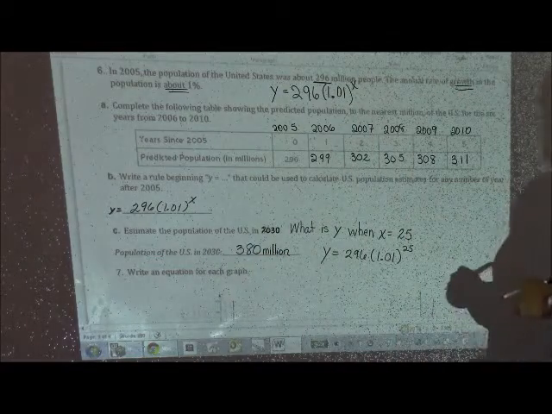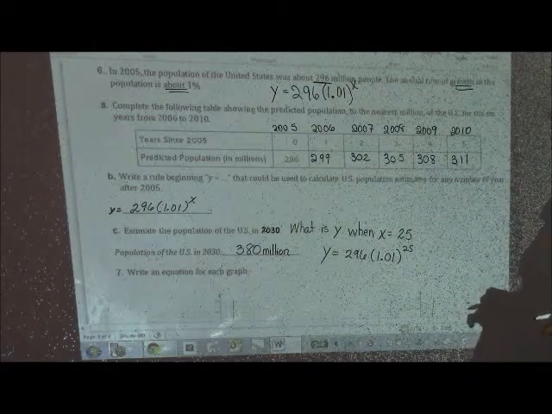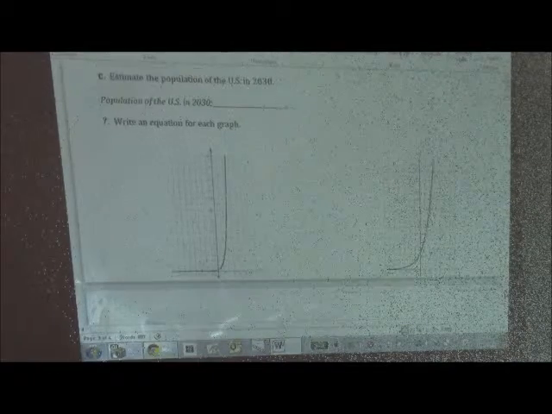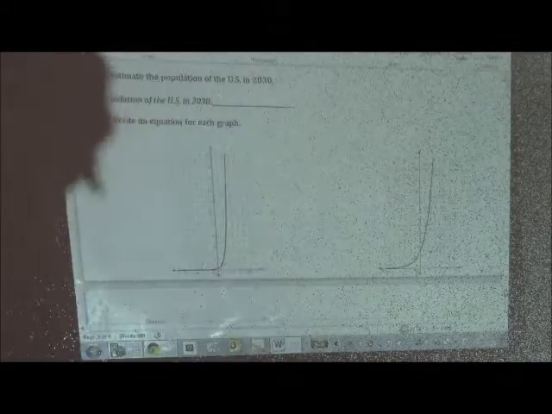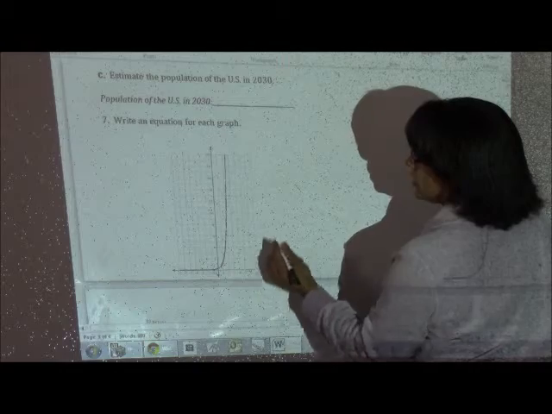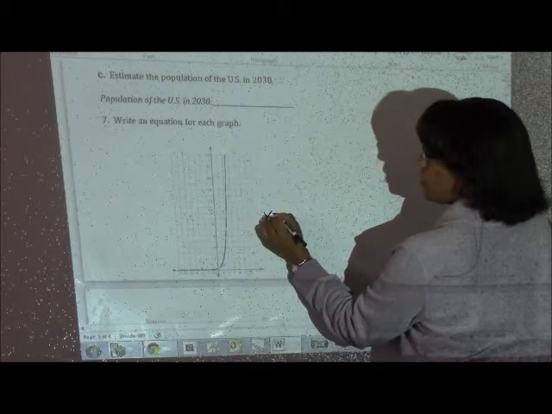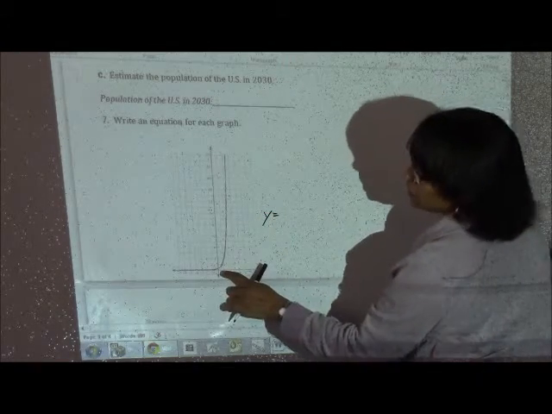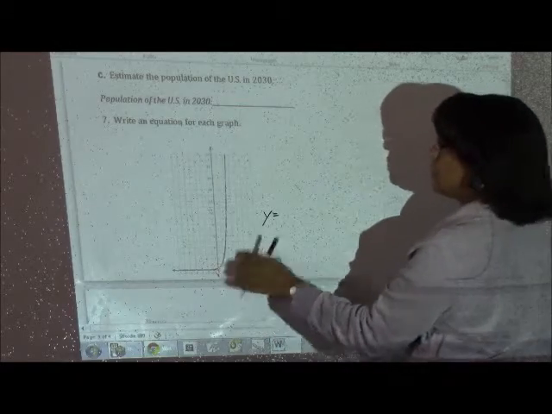Okay? Alright, so now let's go to number 7. For number 7, they actually want us to write an equation for these. These look like exponential growth. From what we're given, it's a little hard to tell your growth, but we can write a general equation. We can see that this crosses at about 0.2.